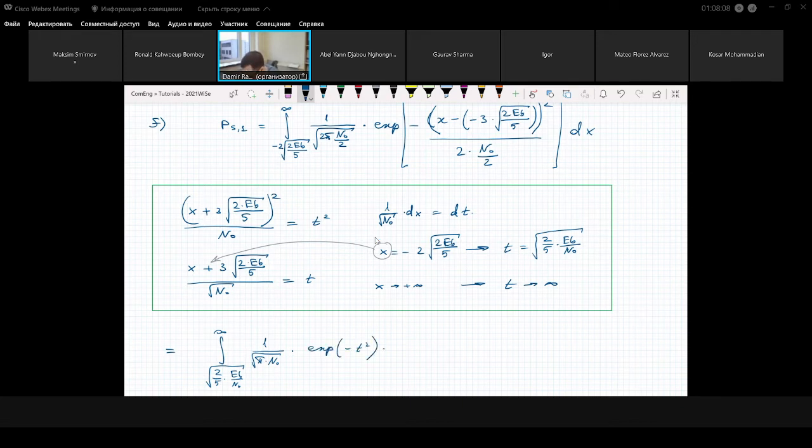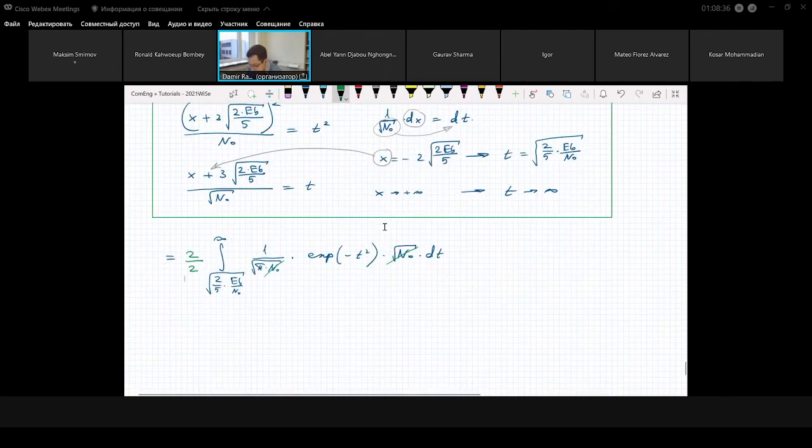Also remember that in order to replace dx, we take the square root of N0 and multiply by dt. For this reason we have this additional part, the square root of N0 times dt. What we can do is cancel N0 and the square root of N0. And in order to simplify further steps, I will multiply and divide this integral by 2.